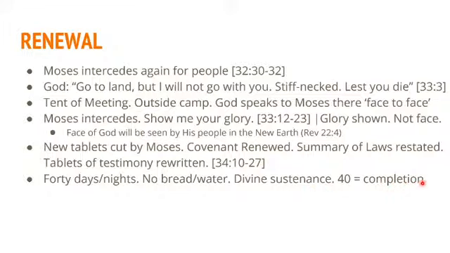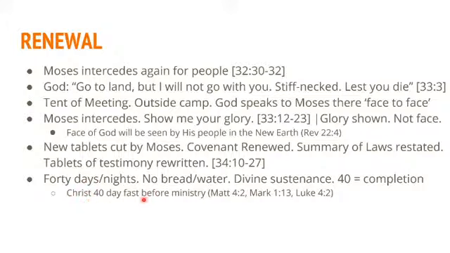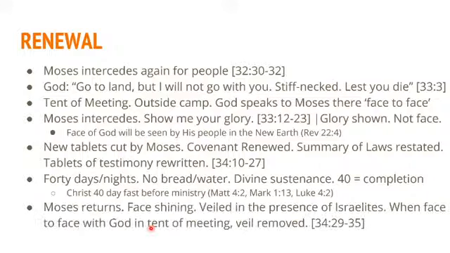And 40 represents the number of completion. Remember Christ had a 40-day fast before his ministry, and Christ's 40-day fast is a similar reflection of this 40-day period that Moses spent on the mountain.